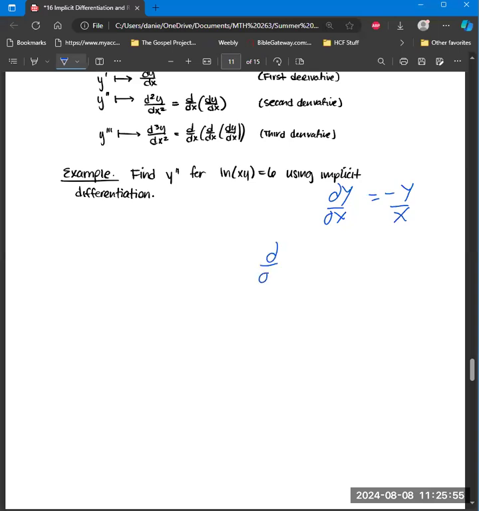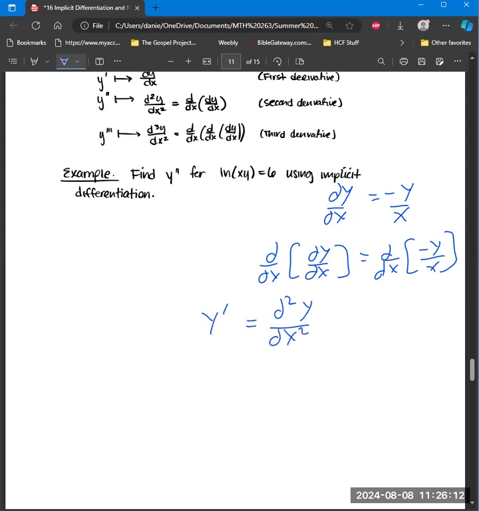So derivative with respect to x of dy dx equals derivative with respect to x of -y/x. So this is going to be d2y dx2, which is the same thing as writing a second derivative like that, if you prefer that notation.